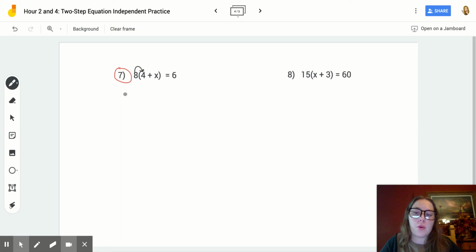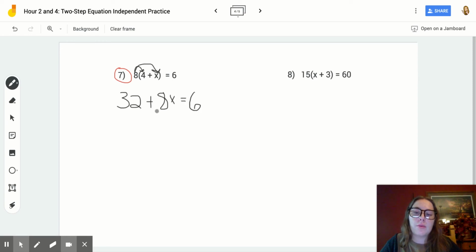So 8 times 4 is 32. And then positive 8 times positive x is just plus 8x. And that is just equal to 6.